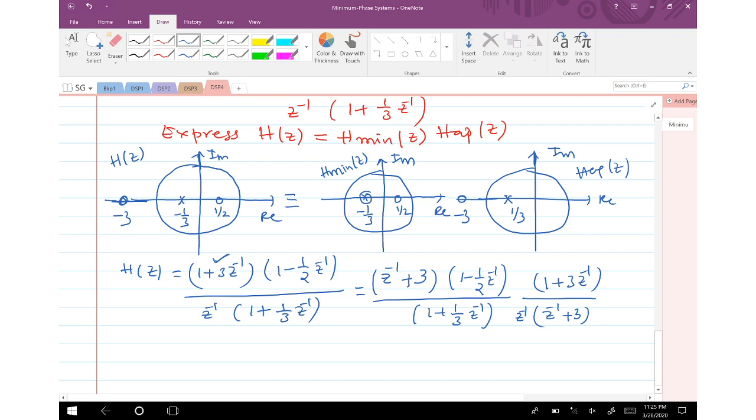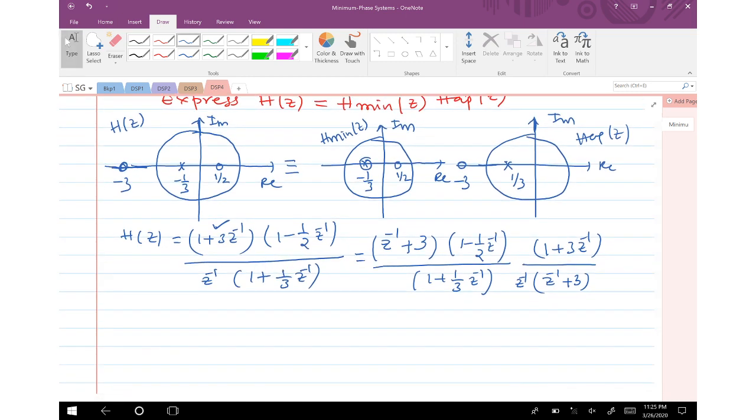Now, if you hadn't looked at the pole zero plots, you might have felt that it would have 2 poles and 1 zero, but since we have seen it, it's now very clear that this in fact cancels this with a simple multiplication factor. You take 3 out of it, right? That would give you 1 plus 1/3. So what is it that we got here?